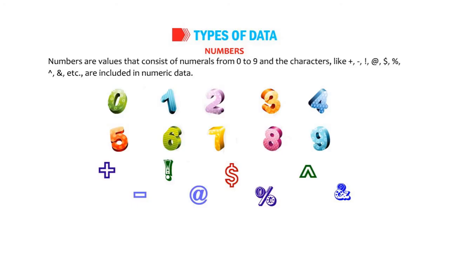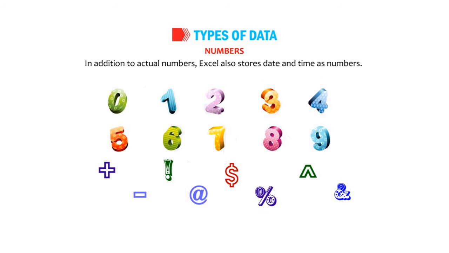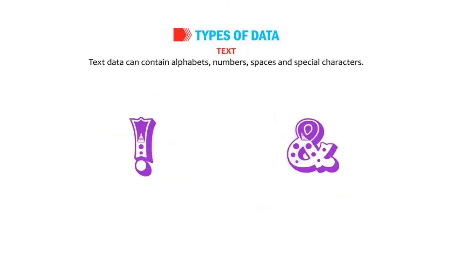Numbers are values that consist of numerals from 0 to 9, and characters like plus, minus, etc. are included in numeric data. They can be used in calculations. In addition to actual numbers, Excel also stores date and time as numbers. By default, numbers are right aligned in a cell.